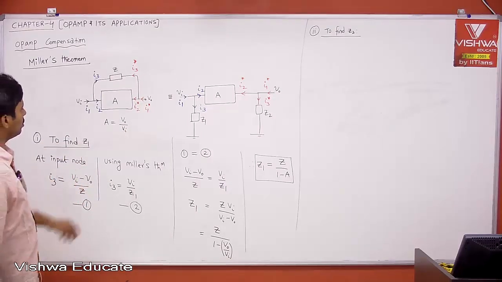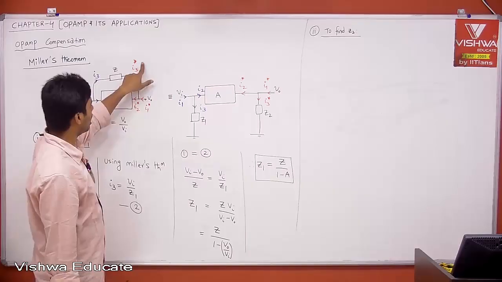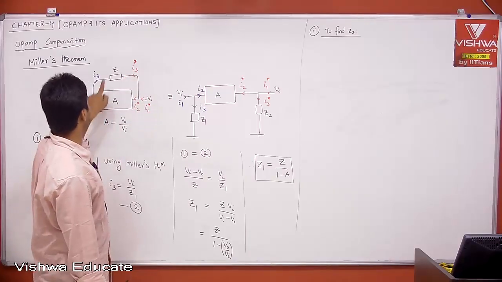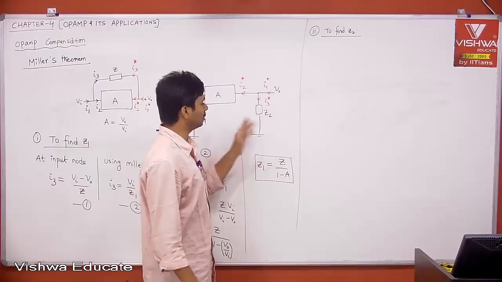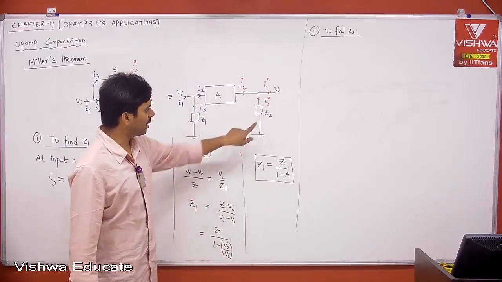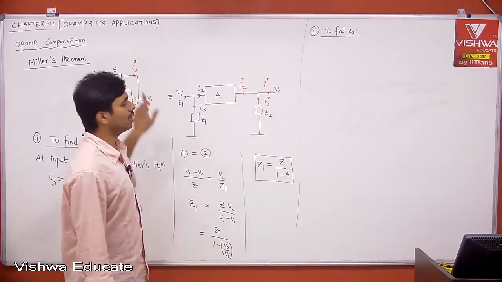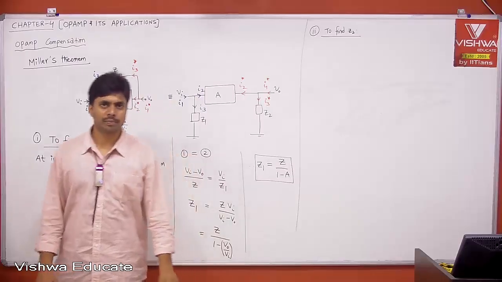Similar way, you find I3 star as V0 minus Vi divided by Z. Then I3 star as V0 minus 0 by Z2. Equate both of them, then find Z2 with respect to Z, you will get the answer. Okay? Same way.